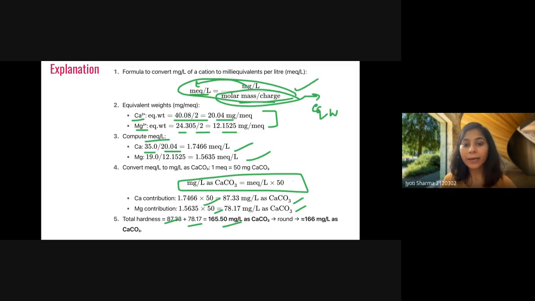Then you multiply it with 50 so that you have the value in mg per liter as CaCO3. Then you do the summation. This is how you calculate the total hardness. So if you have any value of calcium and magnesium in mg per liter, you can calculate total hardness very easily. There should not be any doubt with this, right?